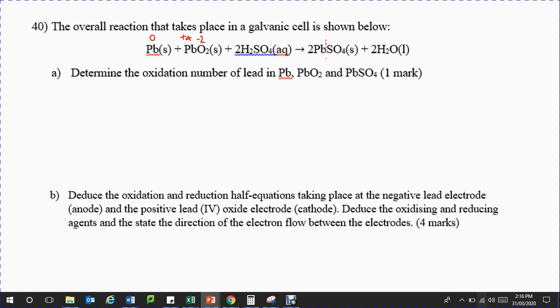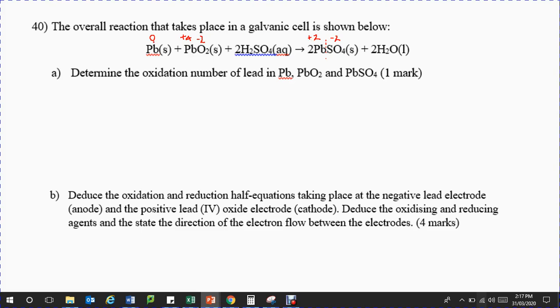So if we remember that the charge of a sulfate ion is -2, because that's a polyatomic anion, that would mean that the lead would have to have a charge of +2. If you were working out the oxygen by itself, which is -2 with the 4 would be -8, you wouldn't then be able to work out what the sulfur was and what the lead was. So if you think of the sulfate as the whole anion, so that is a -2 charge, you can work out what the lead is.